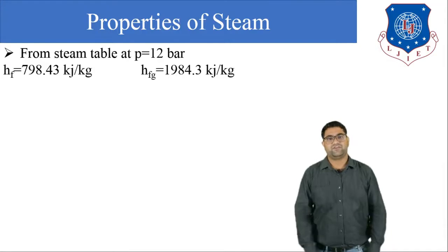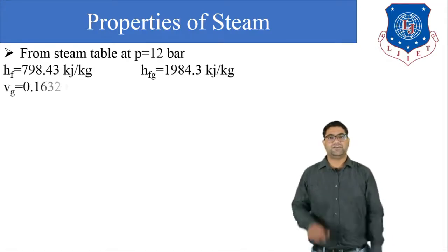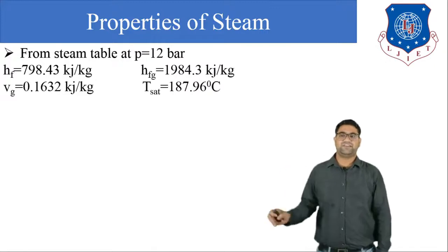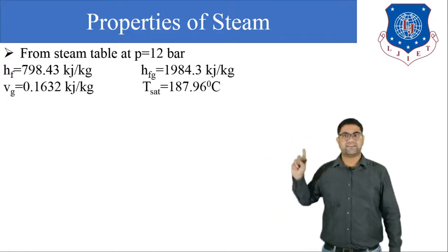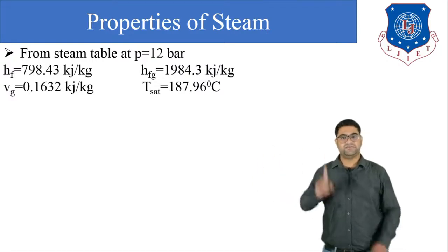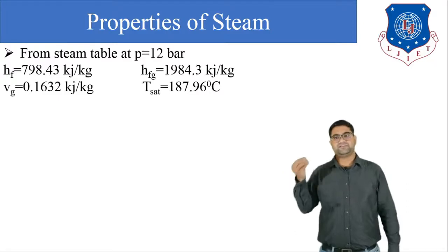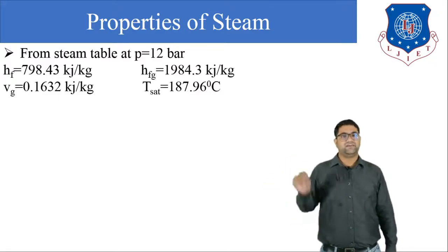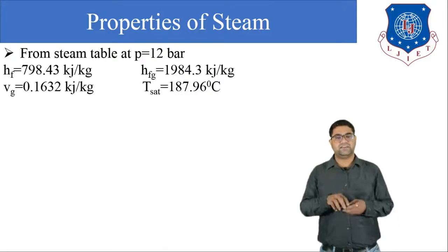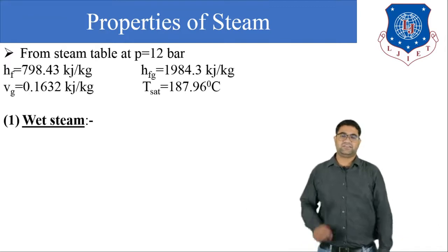Second, we get the value of hfg as 1984.3 kilojoule per kg. Third, we can find the value of vg at pressure 12 bar from the steam table, that is vg equals 0.1632, and T saturated we get 187.96 degrees Celsius. These are the data we get from the steam table.